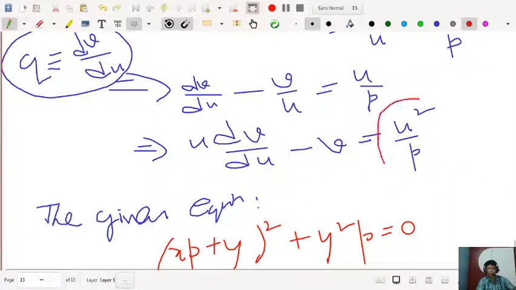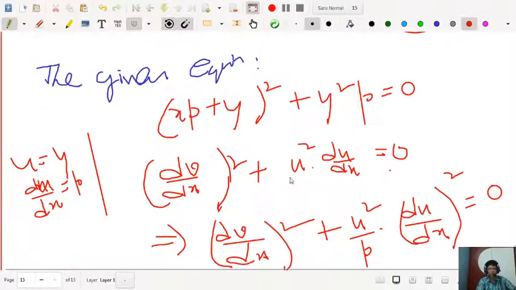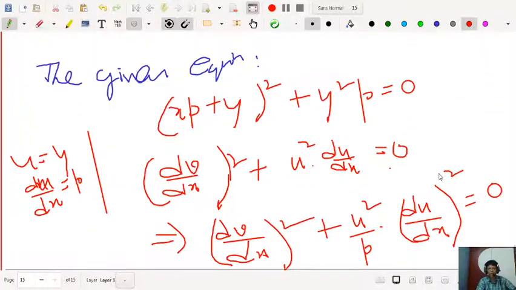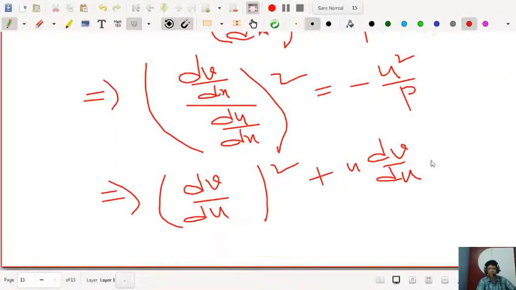You have calculated u square by p here: u square by p is u dv/du minus v, you can manipulate from here. So it is u dv/du minus v. Let me write minus v equal to 0.